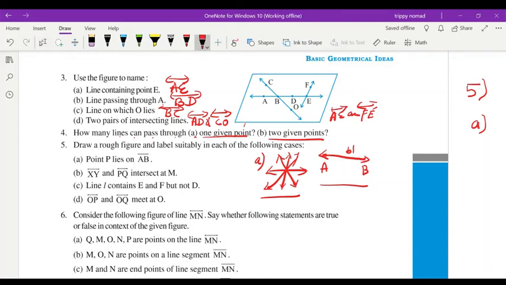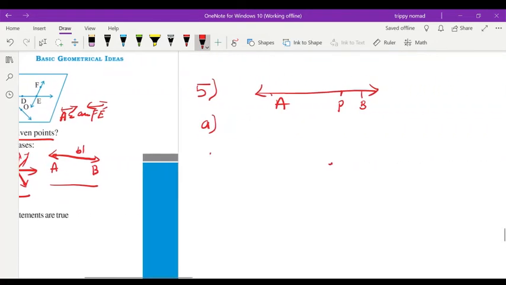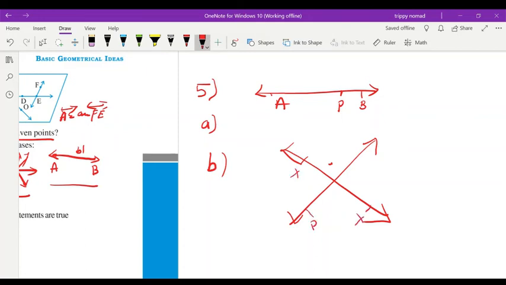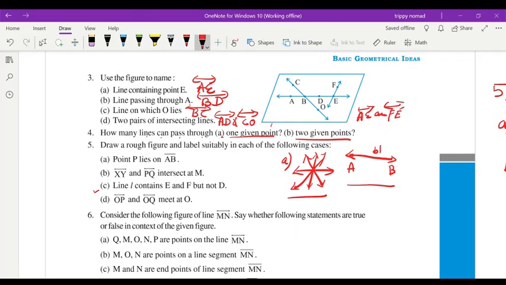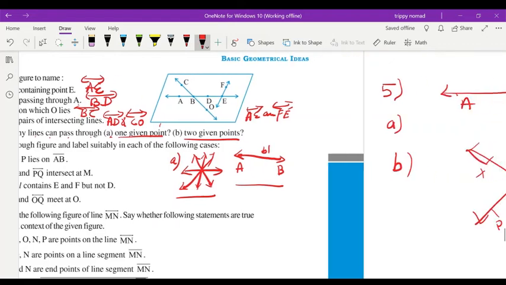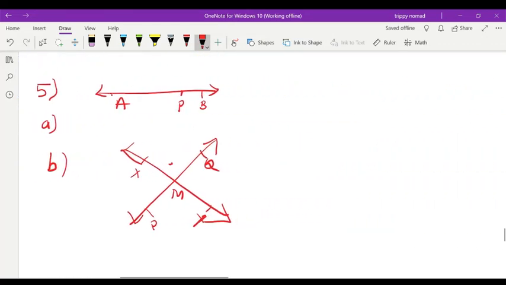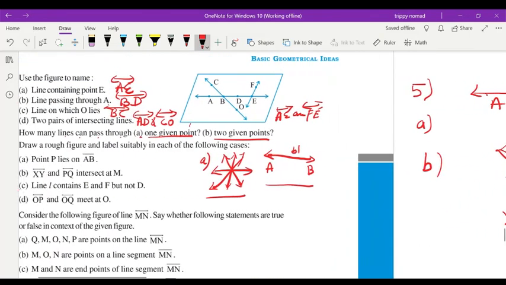Part B: lines XY and PQ intersect at M. Simple. Part B, 2 lines you will draw. One named XY, another named PQ, and intersecting at point M. Now next, part C: line L contains E and F but not D. That means D should not be part of that line.